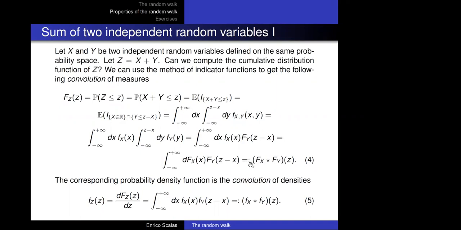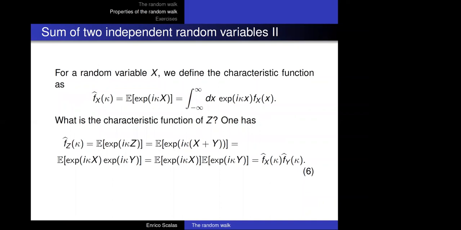You take a derivative of this object with respect to z, and you get the convolution of densities as the density of the sum of two independent random variables.